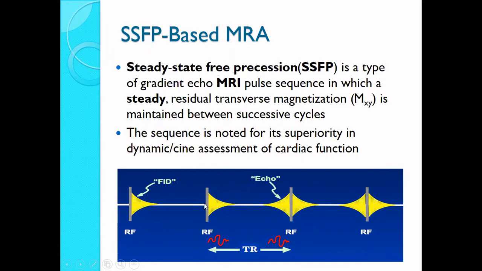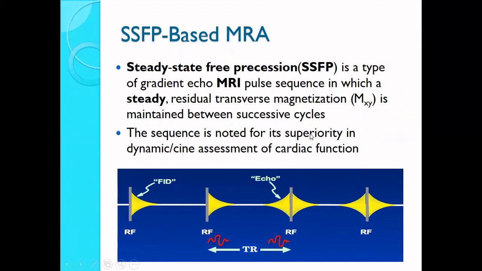While if you give another RF pulse, what will happen? This FID will happen, but along with it, there is a residual area. This particular residual area is giving us this particular phenomenon. If we fuse these two together, this FID and echo, you bring them together, so this distance has been removed between them, it can give you this particular steady state free precession.